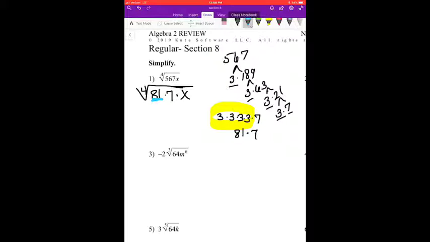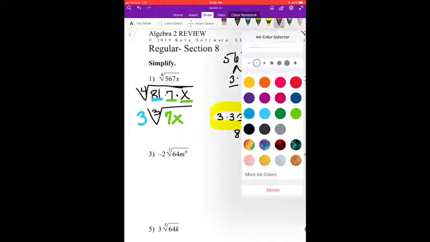What is its fourth root? 3. That goes on the outside. Can I take the fourth root of 7? No. So it stays. What about x? No, it stays. Can I do anything else? No. Simplified. Everybody cool with that?